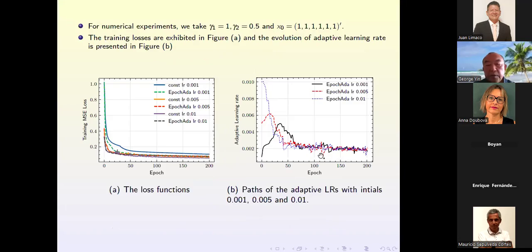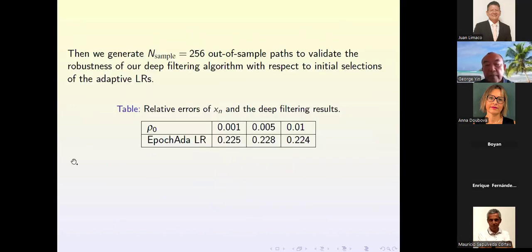So you go through the calculation. Here is the loss function, and here is the path of the adaptive learning rate. You see, again, if it's too low, initially it will go up and stabilize at some point. Likewise here, and so on and so forth.